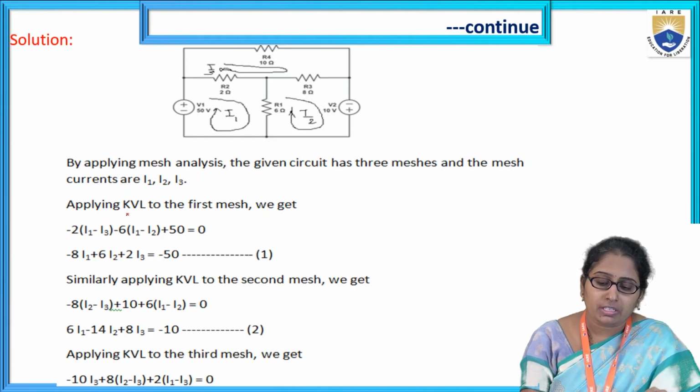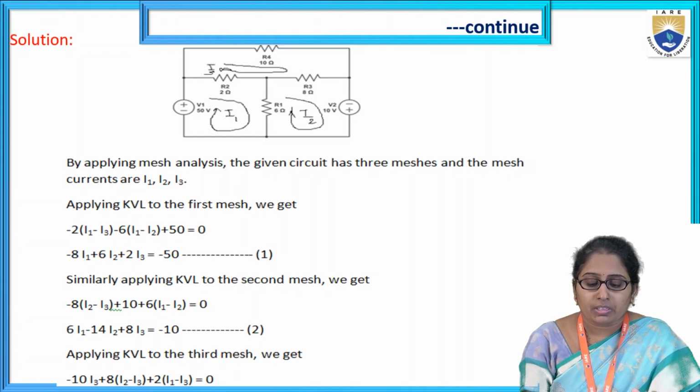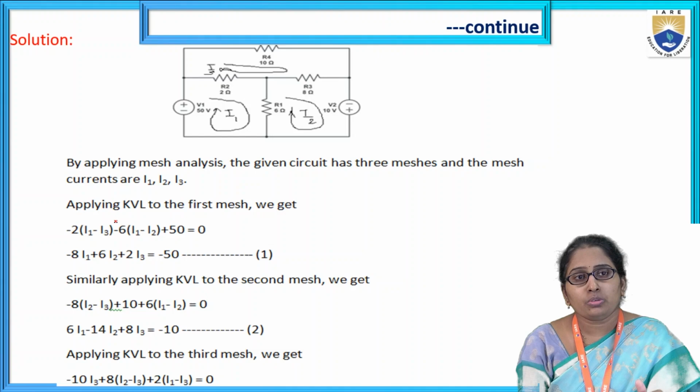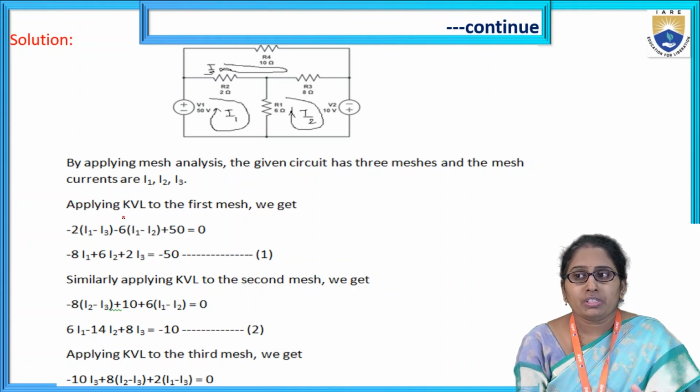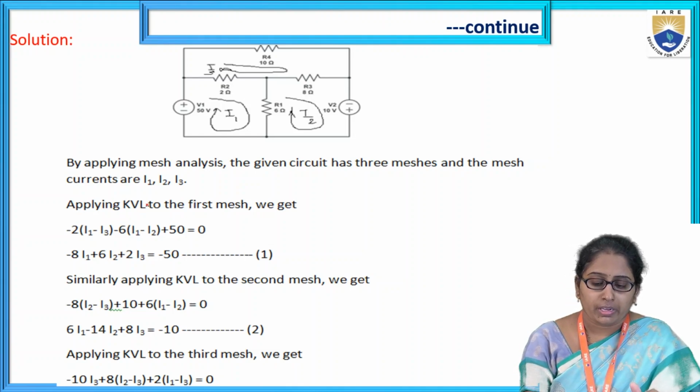For that you need to recollect the sign convention for KVL. To apply KVL, we know that there are voltage drops and also battery voltages, battery EMFs. So before writing the KVL equation, take the voltage drop direction across each element.